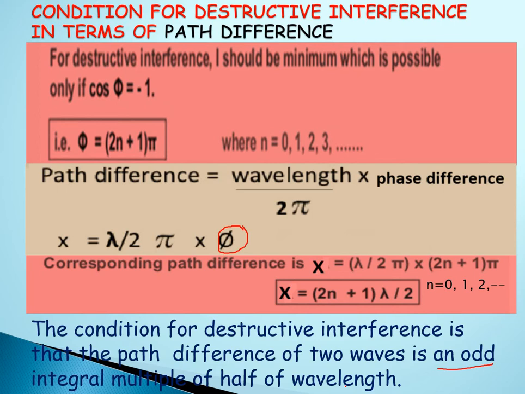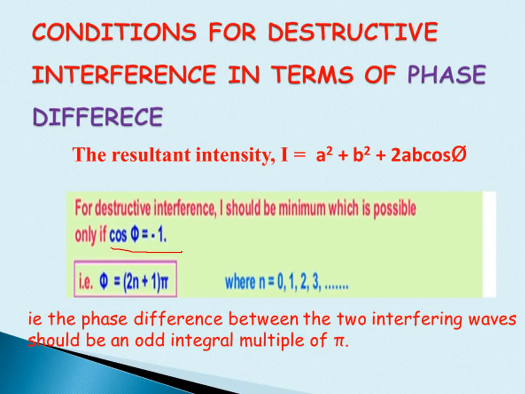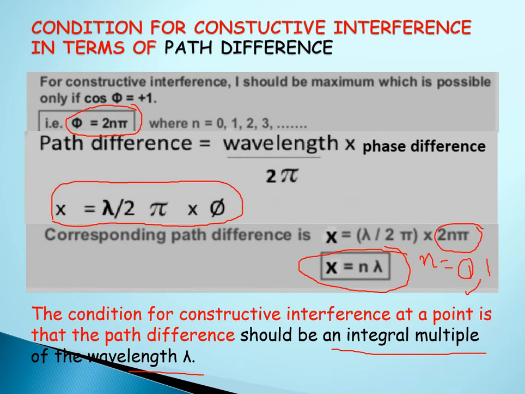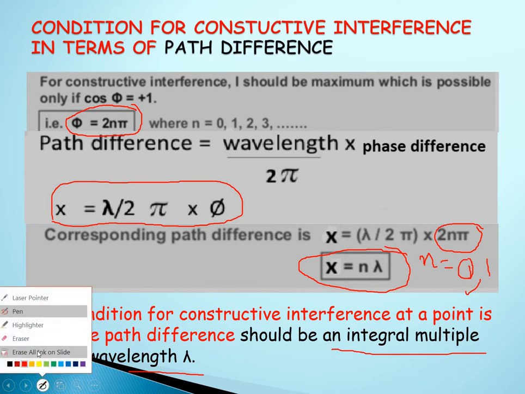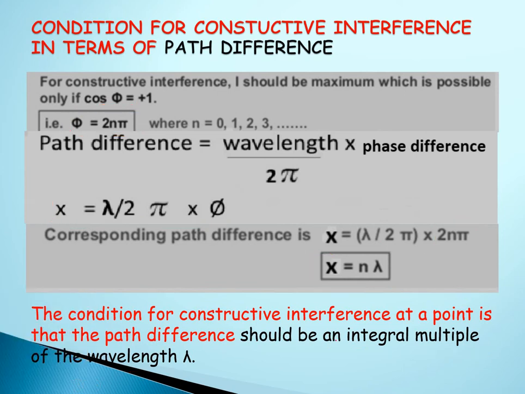Okay, so children, we have studied two concepts. The condition for constructive interference in terms of path difference should be equal to an integral multiple of wavelength lambda, or x is equal to n lambda. When n is 0, x is equal to 0. When n is 1, lambda, when n is 2, 2 lambda, then 3 lambda, 4 lambda, 5 lambda, it goes like that.